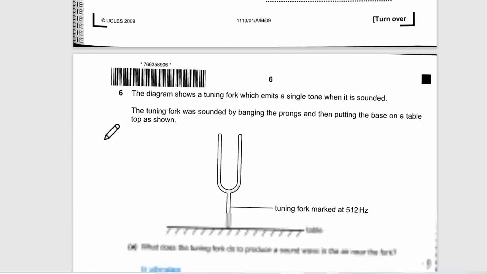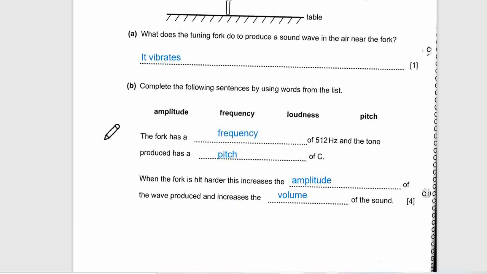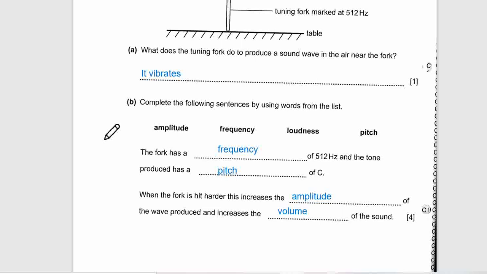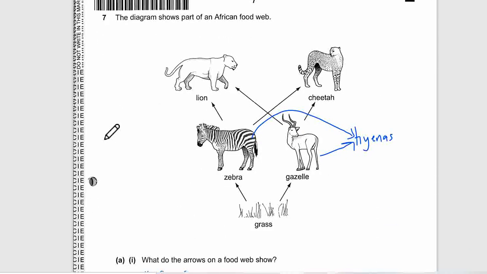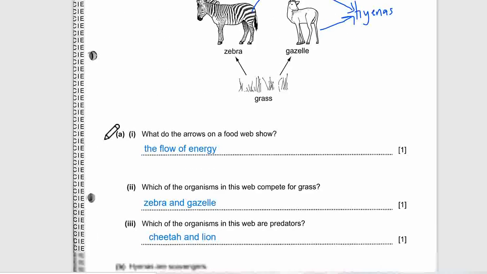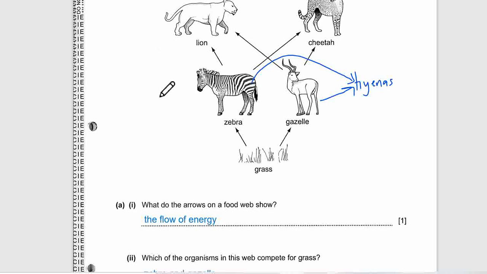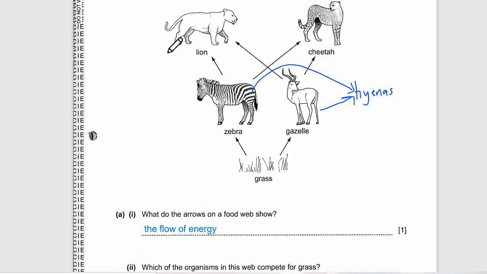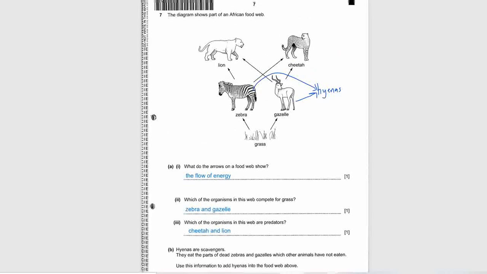And this is the answer for question 6A and 6B. This is the answer for question 7A, 7B, and 7C. This is the diagram for 7B.